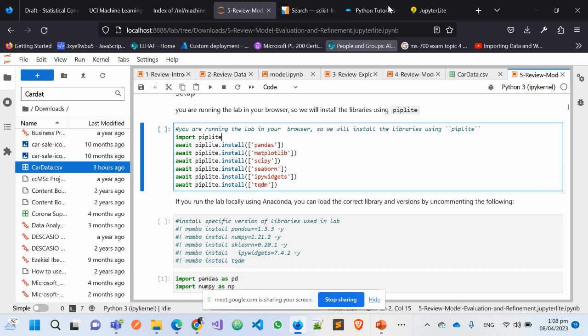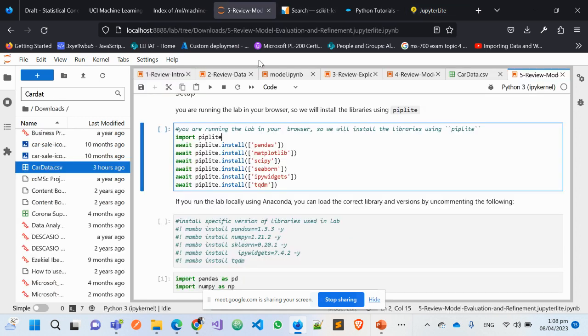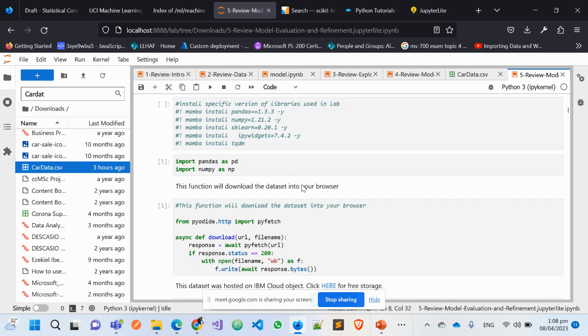The only difference is that the Anaconda one has pre-installed libraries and packages, while for Jupyter Lab on browser you need to install those packages as highlighted here. But right now on this lab, we don't need to install them because they're already pre-installed.